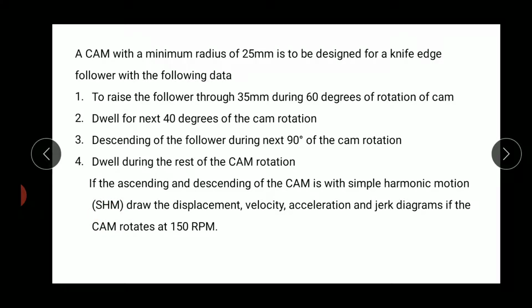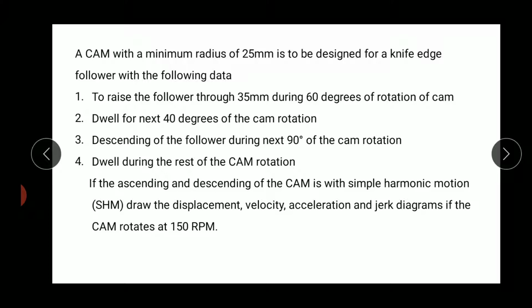So the first part is drawing of the displacement diagram, as it is somewhat lengthy. I refer you to the video on plotting of the displacement diagram when the follower moves with simple harmonic motion by Mr. Ujjwal Rane, or you can see many videos available on YouTube on how to plot the displacement graph when the follower moves with simple harmonic motion.